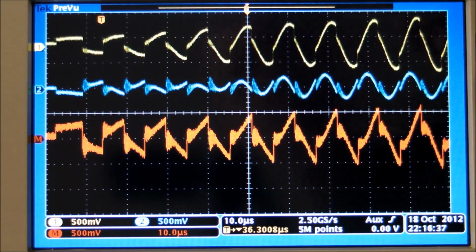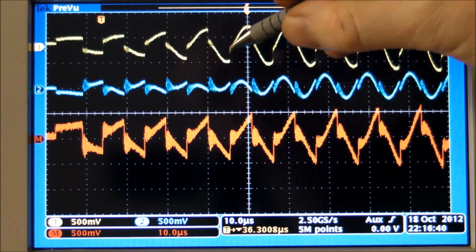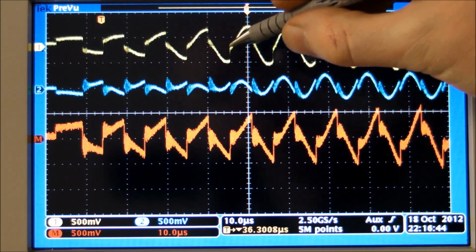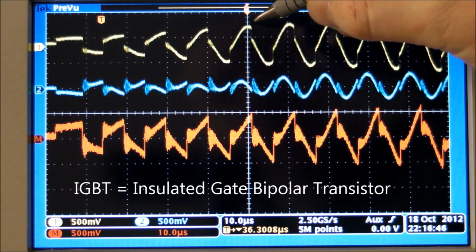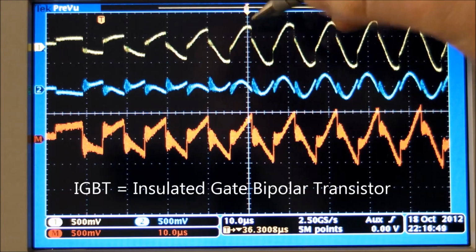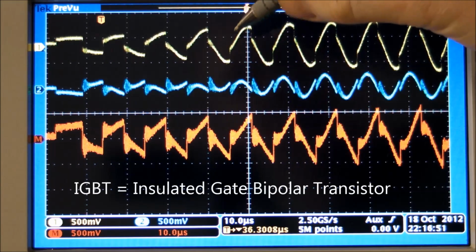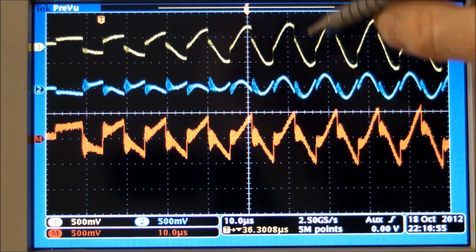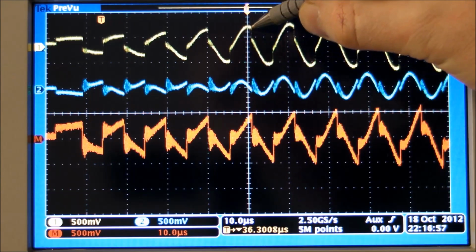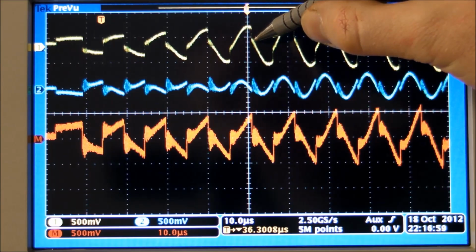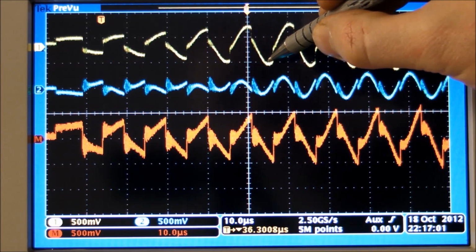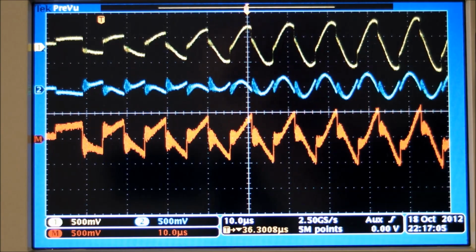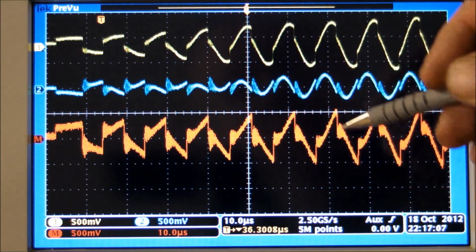Okay, I had to stop and think for a minute what was going on here. Each one of these little sudden changes in the voltage, that's when the IGBT H bridge is switching polarity, as it switches with the current feedback from the primary circuit. Then it powers up the primary tank circuit with the opposite polarity, and gets current going in the other direction.